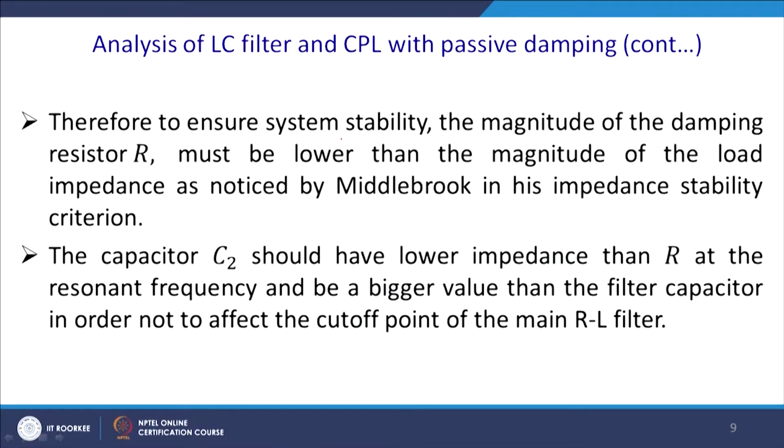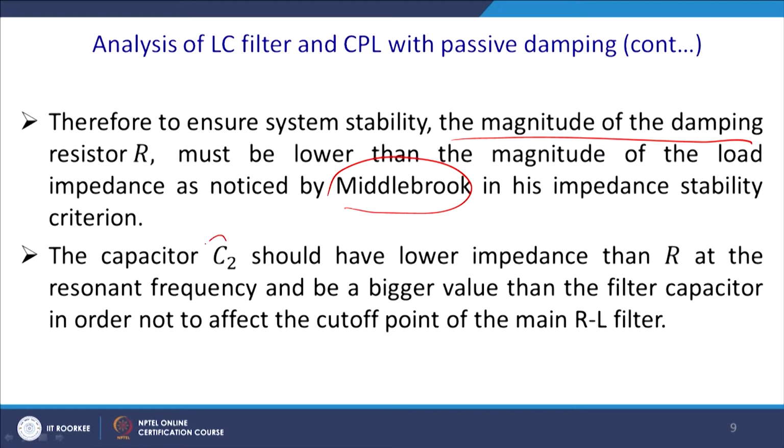Therefore, to ensure system stability, the magnitude of the damping resistor must be lower than the magnitude of the load impedance, as noticed by Middlebrook in his impedance matching criteria, or the impedance stability criteria.